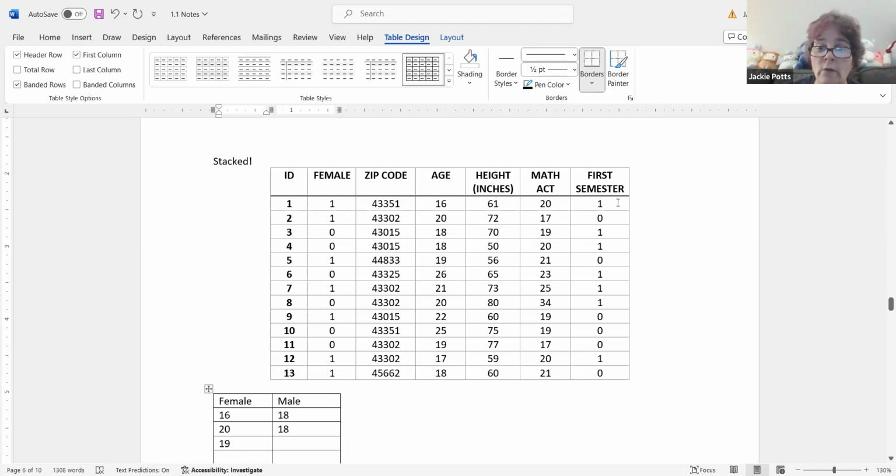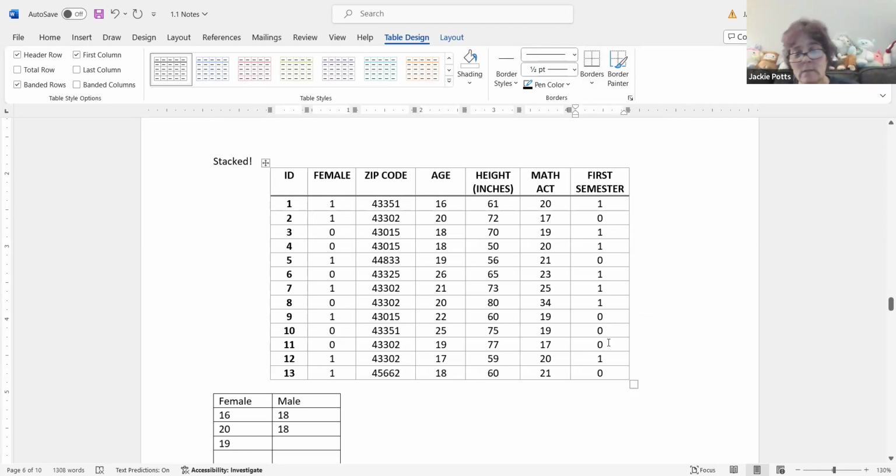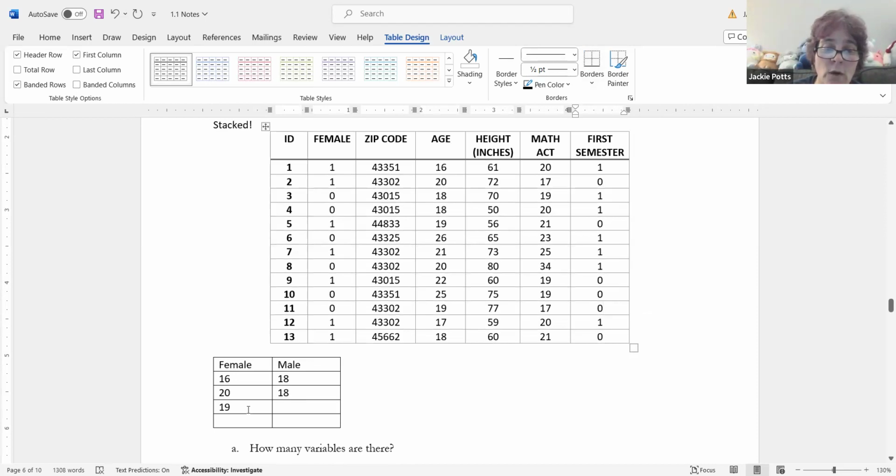So look over here. First semester, yes. First semester, no. Yes, yes, no. Yes, yes, yes. No, no, no. Catching on. It's just how we code it. But back to what it was, say I got 1, 2, 3, 4, 5. Line 6 is a male who is 26.